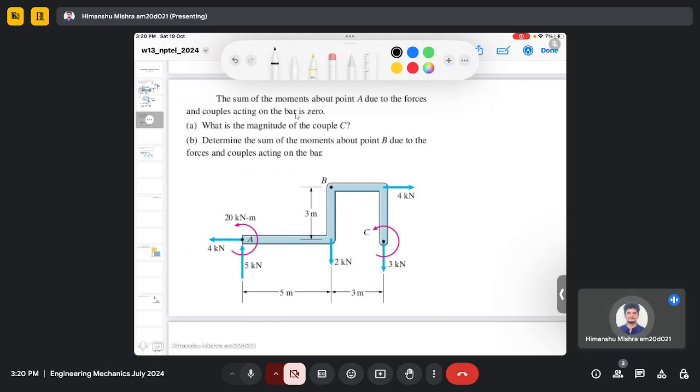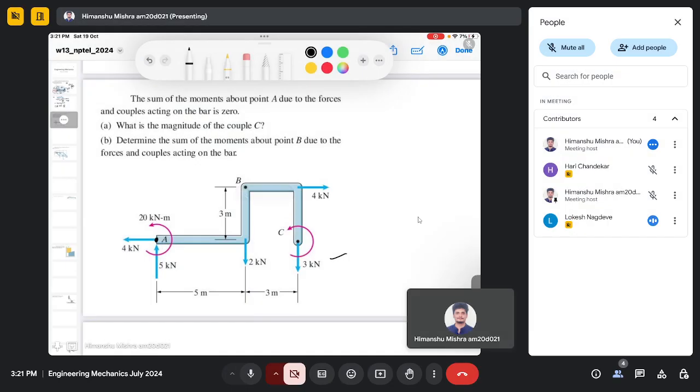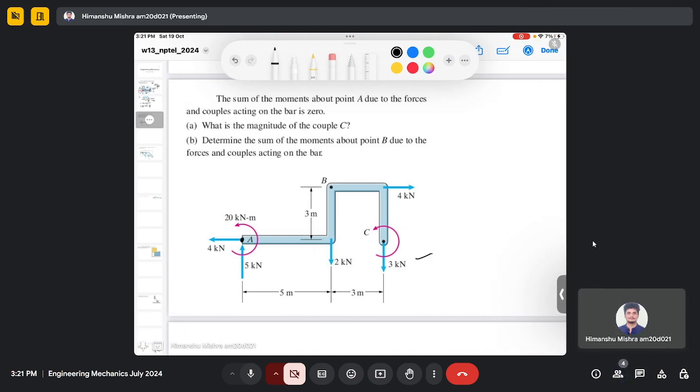So in this question we have been given a system, and we have been given one condition, that the summation of movements about point A is 0, which means my overall summation of movement about point A is 0.